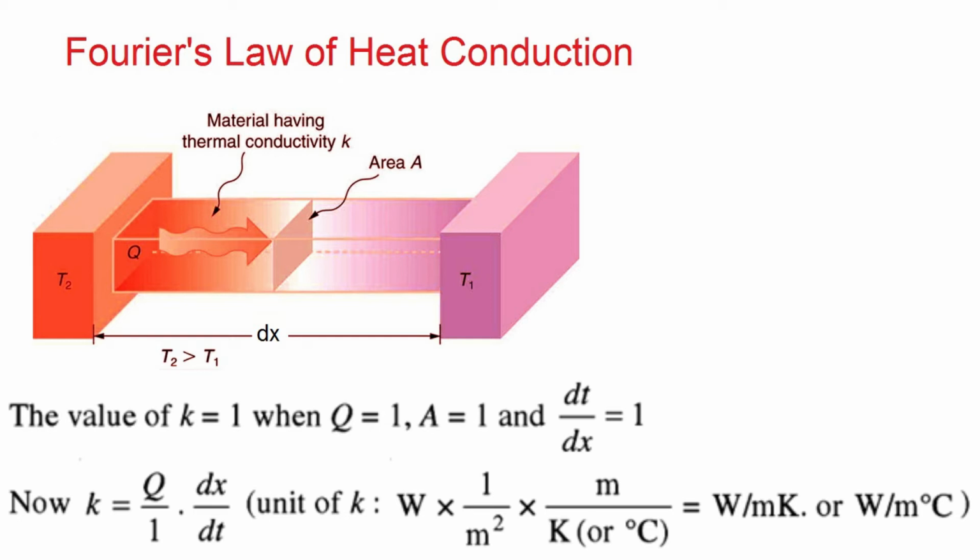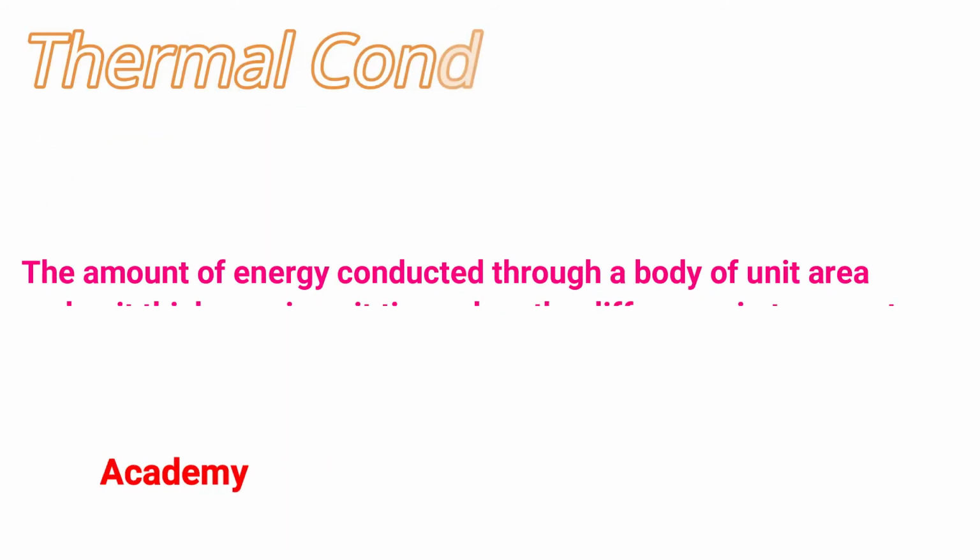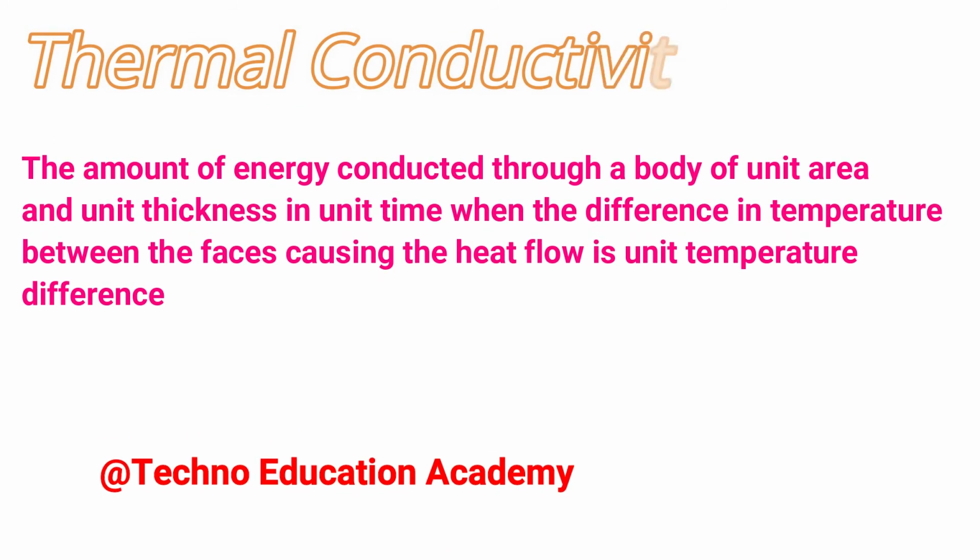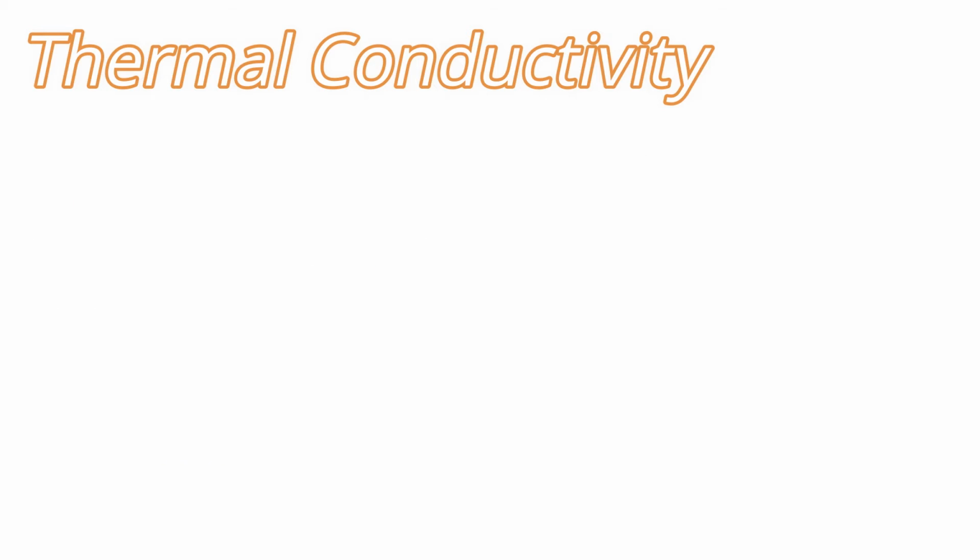So here you can remember either the unit or the equation, or you can remember the definition on the basis of that. So the definition of thermal conductivity is the amount of energy conducted through a body of unit area and unit thickness in unit time when the difference in temperature between the faces causing the heat flow is unit temperature difference.